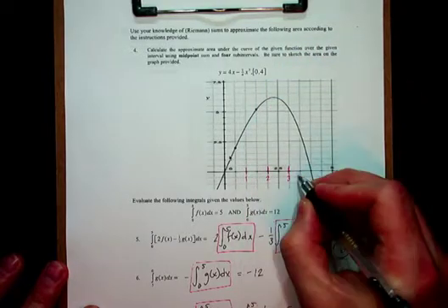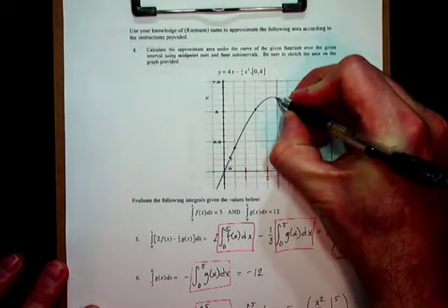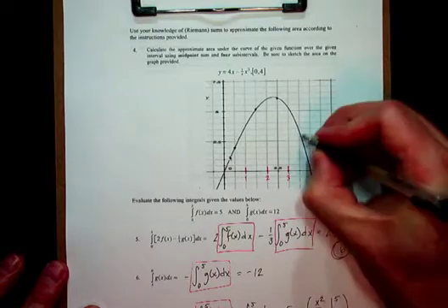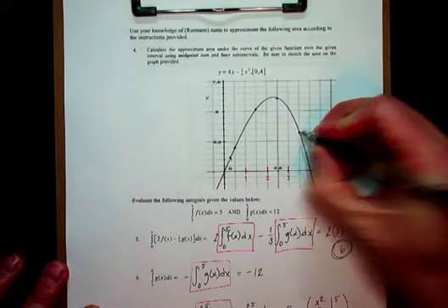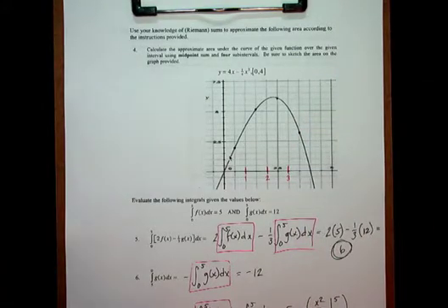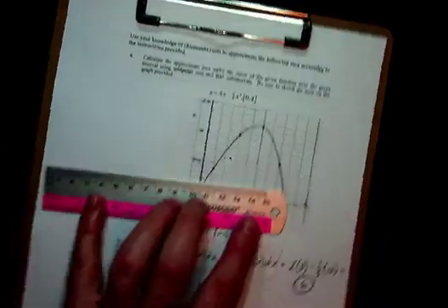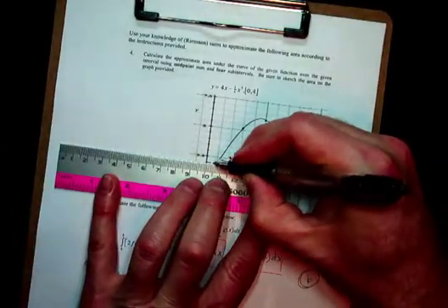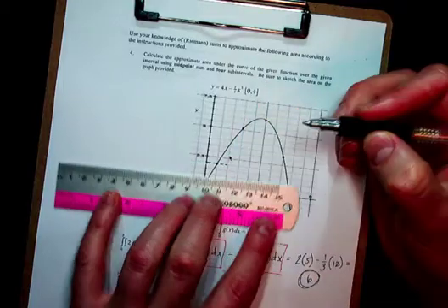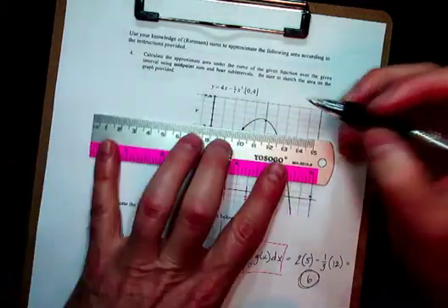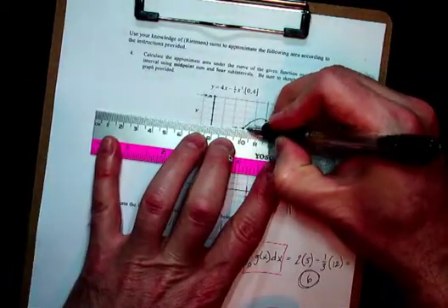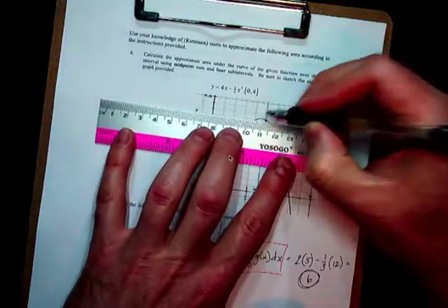Between 2 and 3, the midpoint is going to be 5/2. Between 3 and 4, the midpoint is going to be 7/2. And we're going to use those values to designate the height of our subintervals. So let's go ahead and draw lines across showing what those heights have come to.